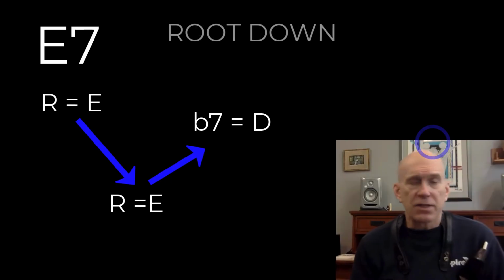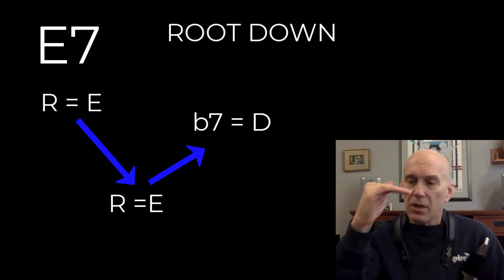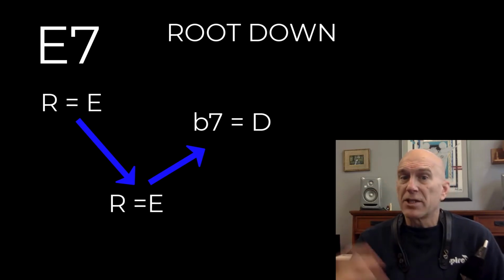The second repetition of the workout, let's do it upside down. So we'll start on a high E, we'll go to a low E, and then play up to the 7th.